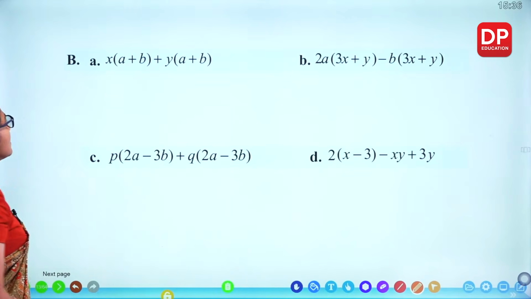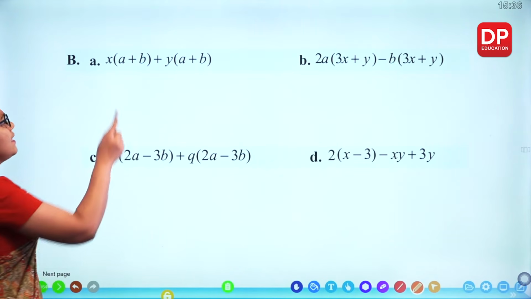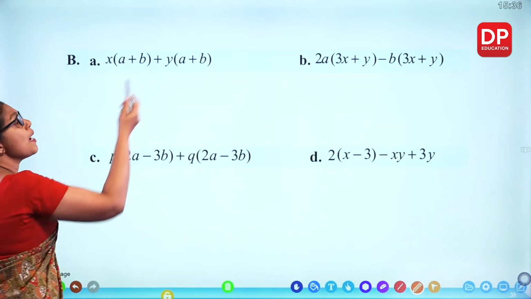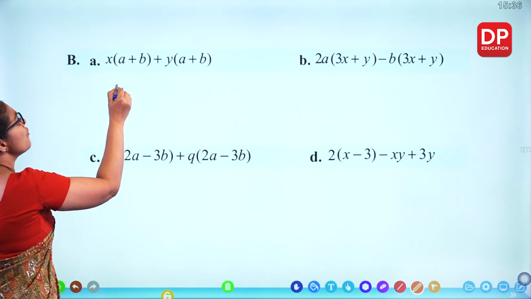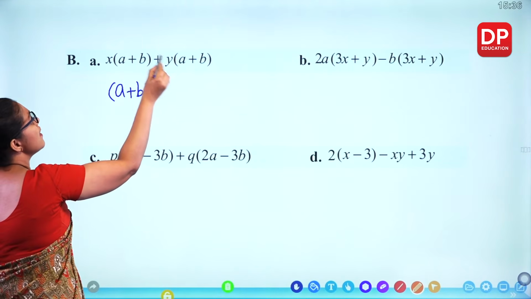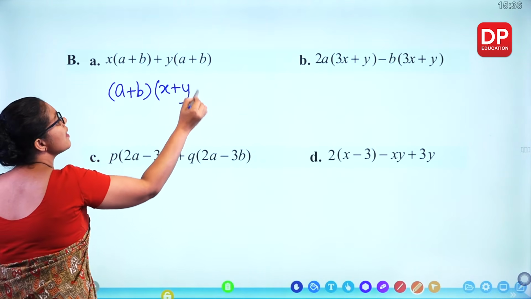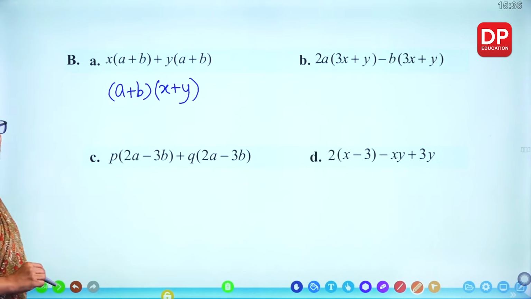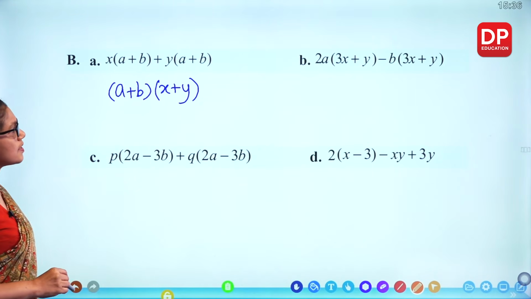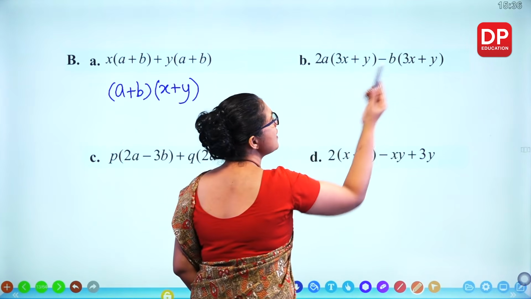Now we'll look at part B. 2 expressions given and we can see a plus b is common. So we can take a plus b out. What's remaining? I can see x plus y remaining. Part C, 3x plus y, 3x plus y.